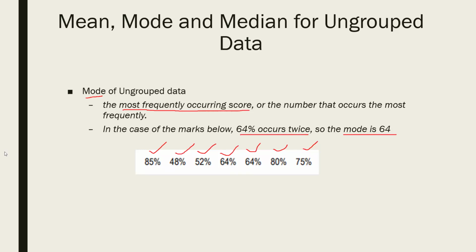Can you see? Now let me put another number here. So let me put 75%. So you can have a scenario where you have numbers that are repeated the same number of times, and that will also be the most repeated number of times. Let me explain this by an example.